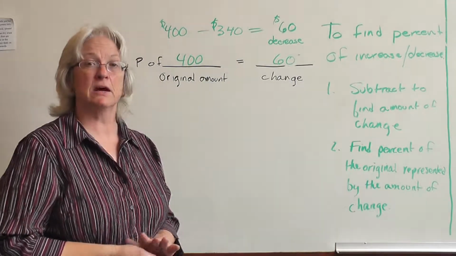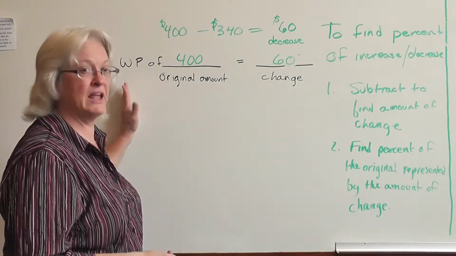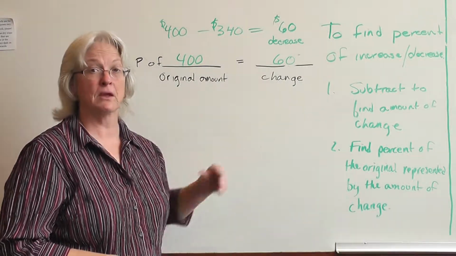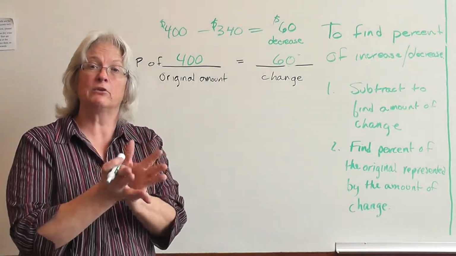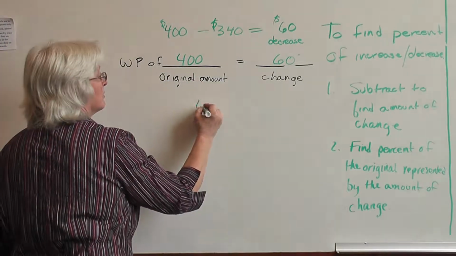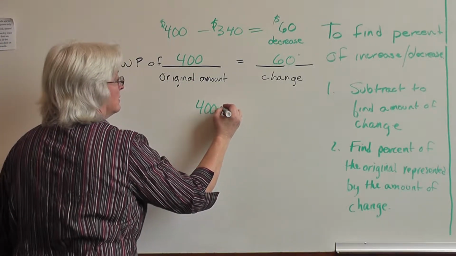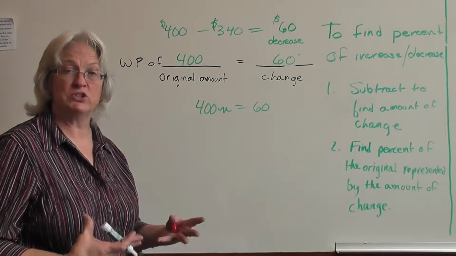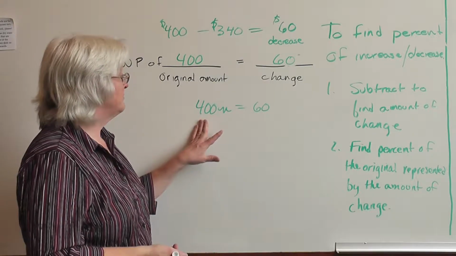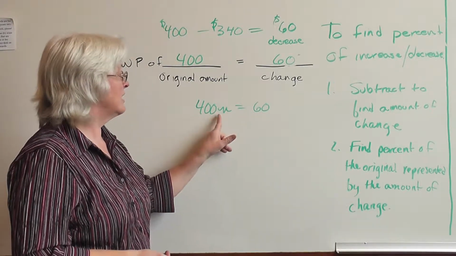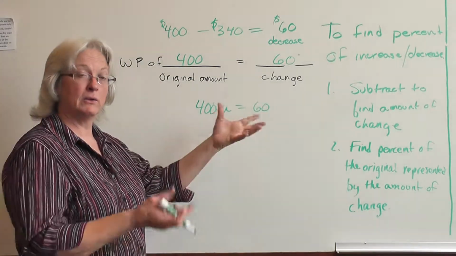Now we saw last time that they simply would have said n times 400 is equal to 60. We're going to make that look a little more like an algebra equation. We're going to say 400n is equal to 60, because you've learned that when you have a number bumped right up against a variable, that means 400 times n. Now what does your book show?